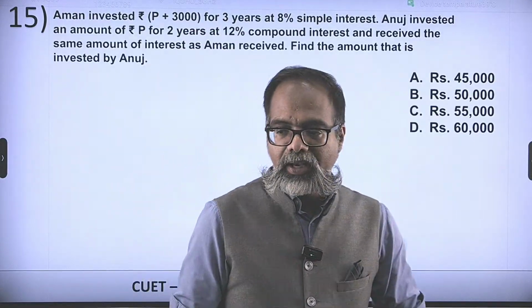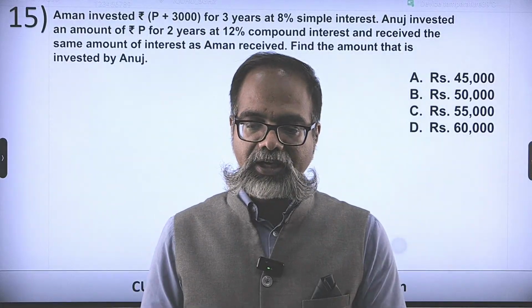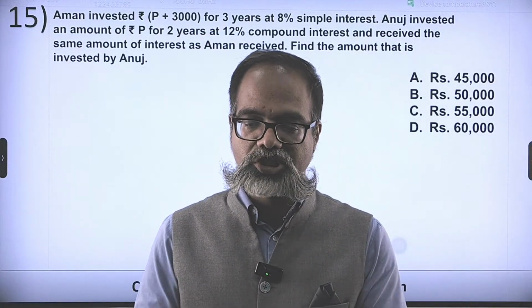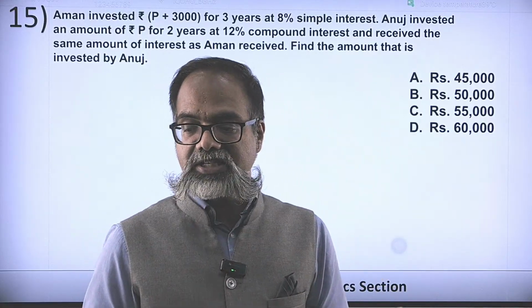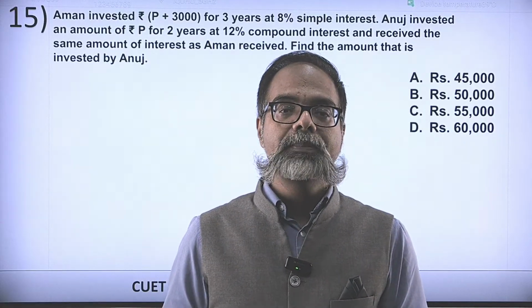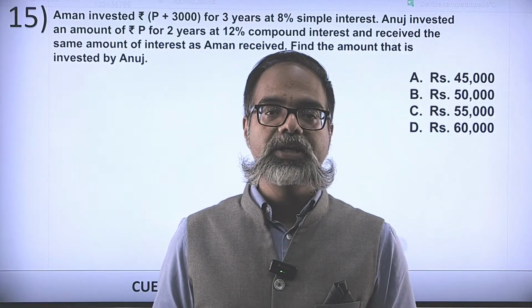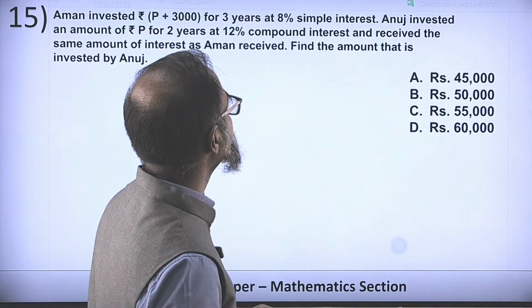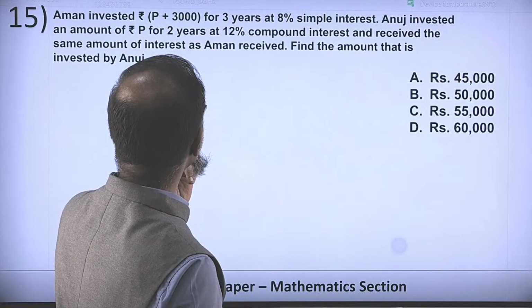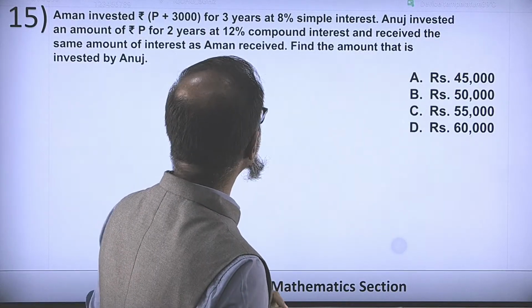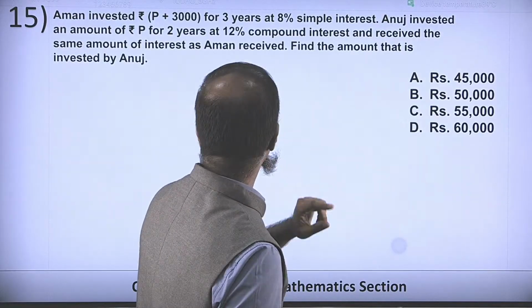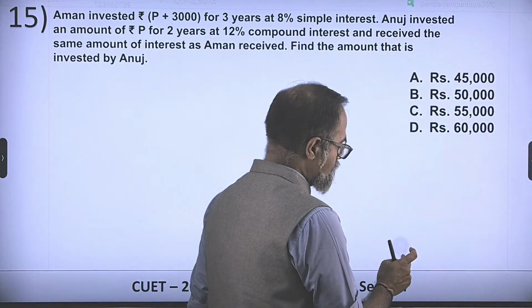Okay. Now comes one of the interesting questions, right? It says Aman invested P plus 3000 for 3 years at 8% simple interest. Anuj invested P for 2 years at 12% compound and received the same amount of interest as Aman. Then find the amount invested by Anuj.